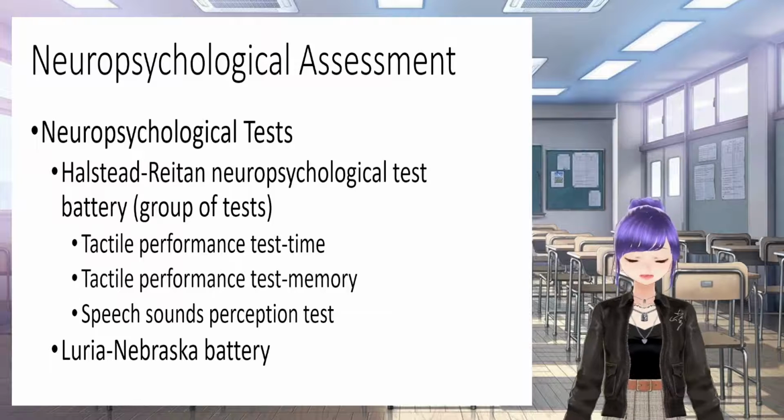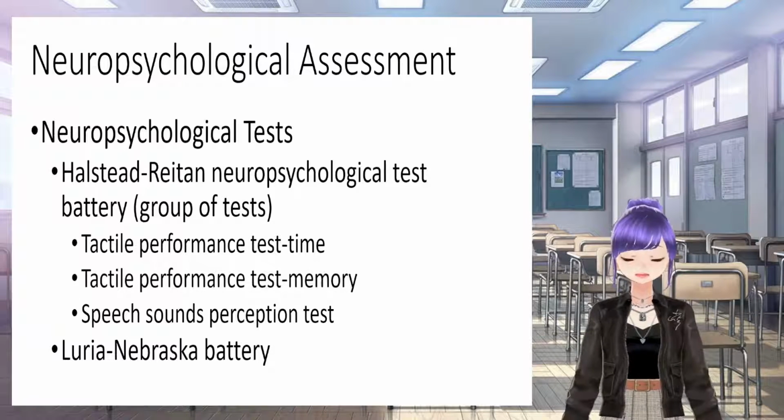The Halstead-Reitan Neuropsychological Test Battery measures the tactile performance test time, tactile performance test memory, and speech sounds perception test. In the tactile performance test time, while blindfolded, a person tries to fit differently shaped blocks into spaces of a form board using the preferred hand, then the other, and then both.